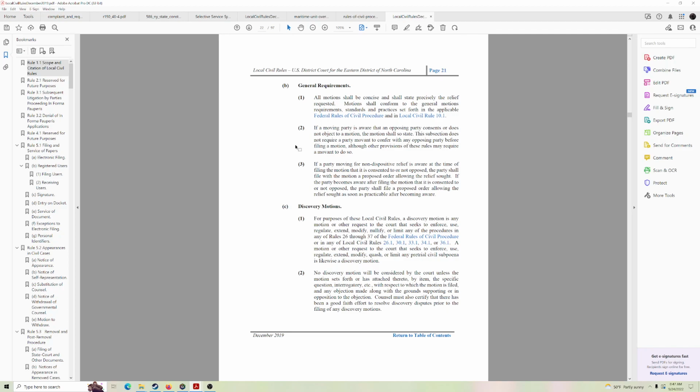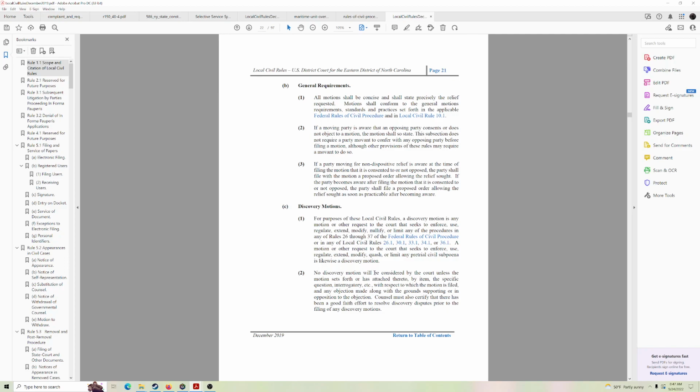A motion or other request to the court that seeks to enforce, use, regulate, extend, modify, quash, or limit any pretrial civil subpoena is likewise a discovery motion.